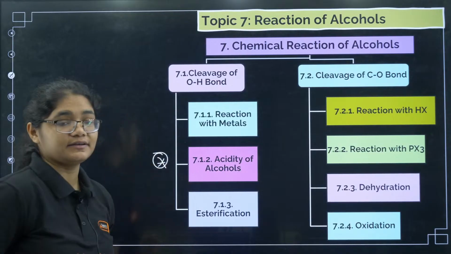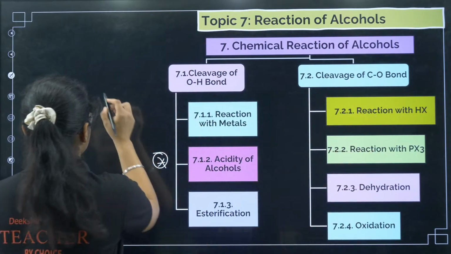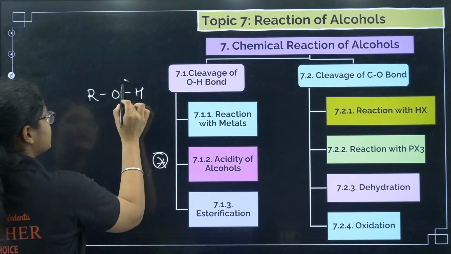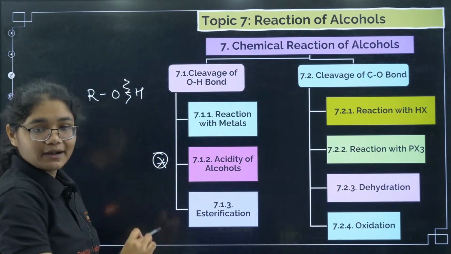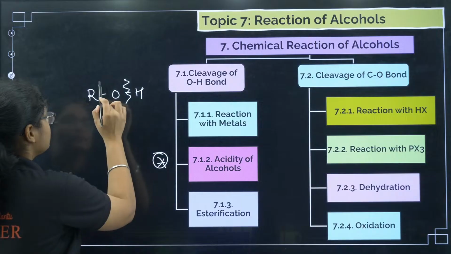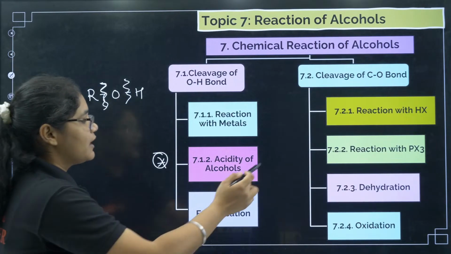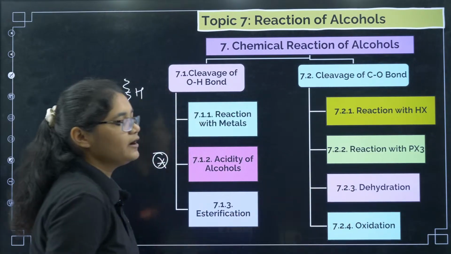Questions are asked from acidity of alcohols. Next, coming to cleavage of the CO bond. You can see that in ROH, alcohols are like this, so either this bond can break. If the CO bond is breaking, then the reactions we have are reaction with HX, reaction with PX3, dehydration, and oxidation.